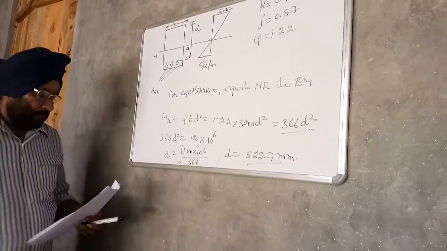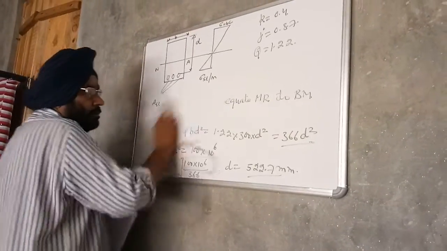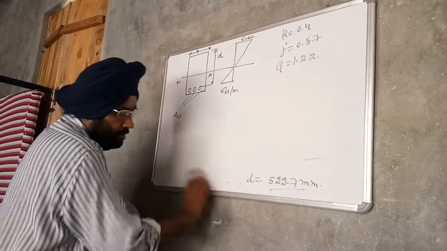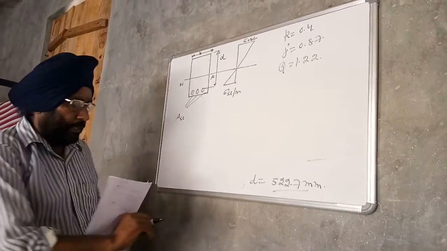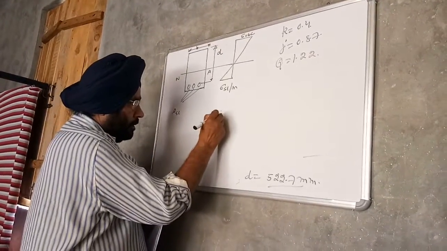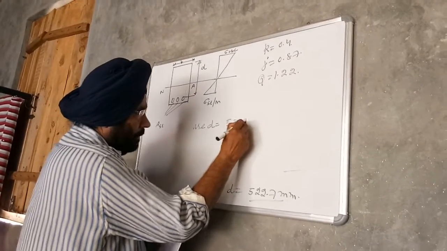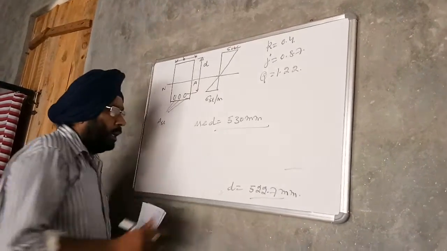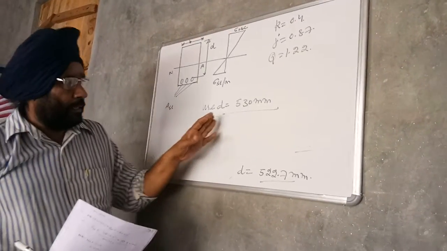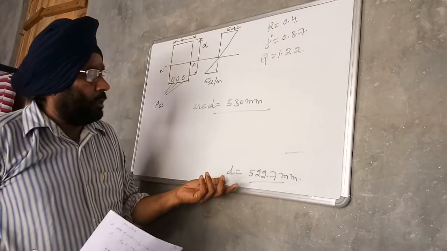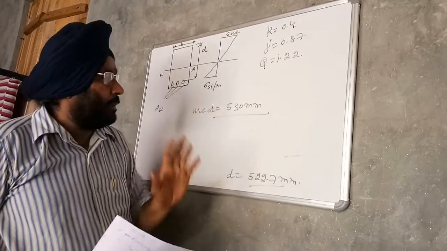So take D, use D equal to 530 millimeter. So the value of the effective depth considered is 530 mm and the calculated value is 522.7 mm.